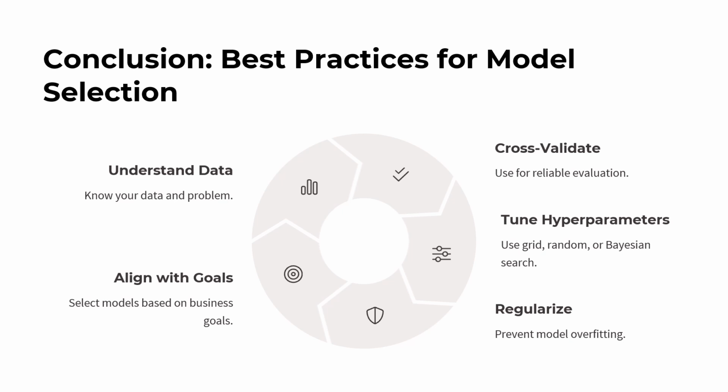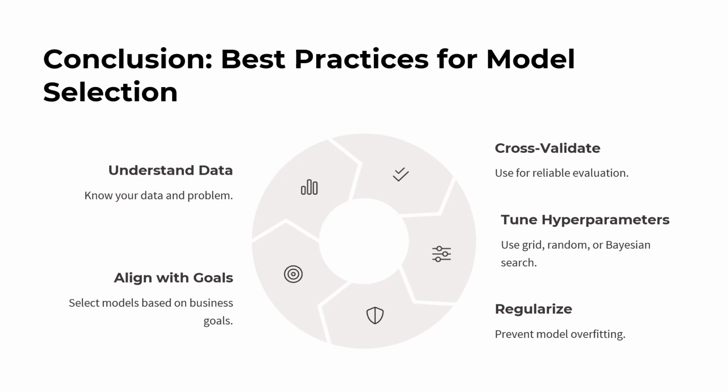Let's wrap up by looking at some of the best practices for selecting a machine learning model. These are essential steps to ensure your models perform well and meet your objectives. First, understand data. Before choosing any model, you must understand your dataset.